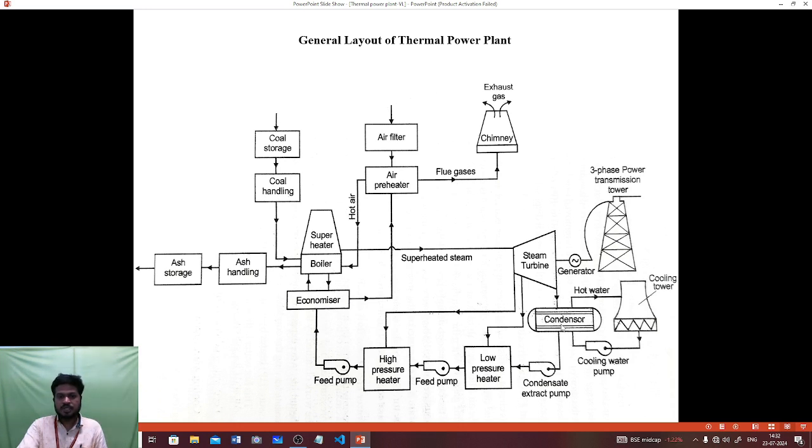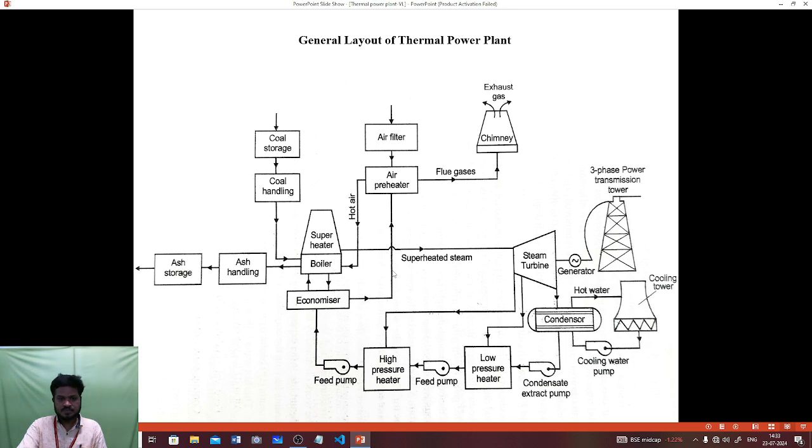And then from the condenser, the condensed steam is pumped from the condenser, and then sent to a low pressure heater, which is used for the steam turbine, and then it is sent to the feed pump and the high pressure heater, and then also sent to the feed pump, and there is an economizer used for a reheating purpose, which is used in a boiler, and then by means of the economizer, it is sent to the air preheater.